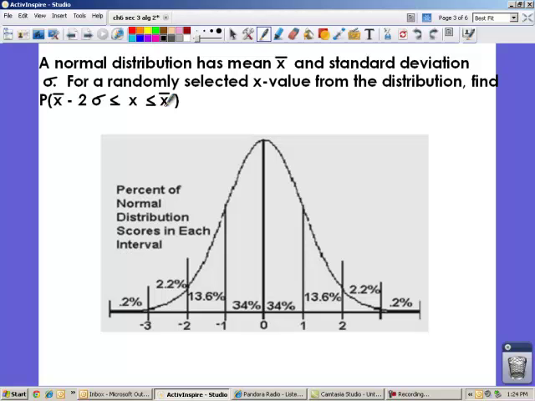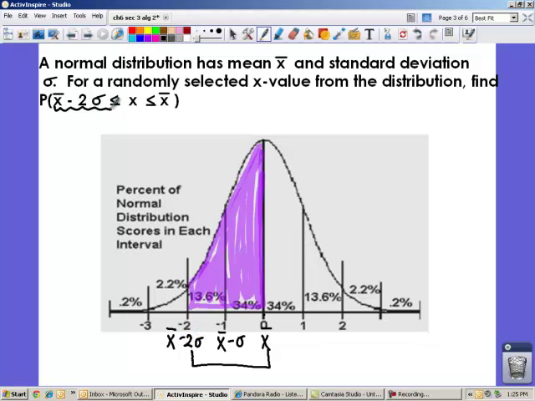And so when we do this, we're looking at the mean minus 2 deviations. So we're talking about the mean, which would be down here. This is the mean minus the deviation, and this is the mean minus 2 deviations.